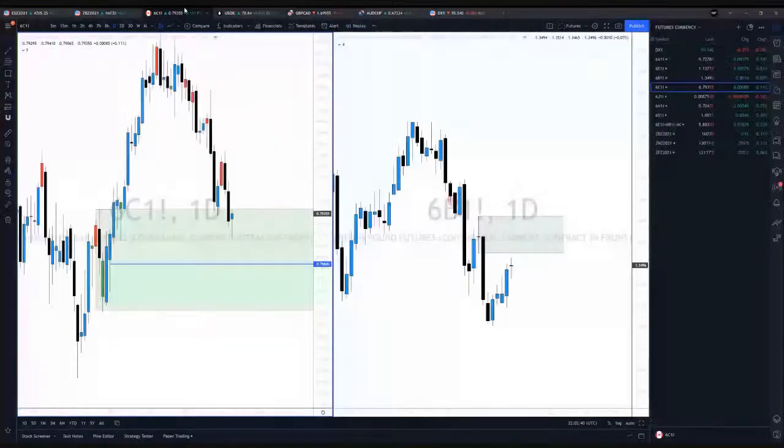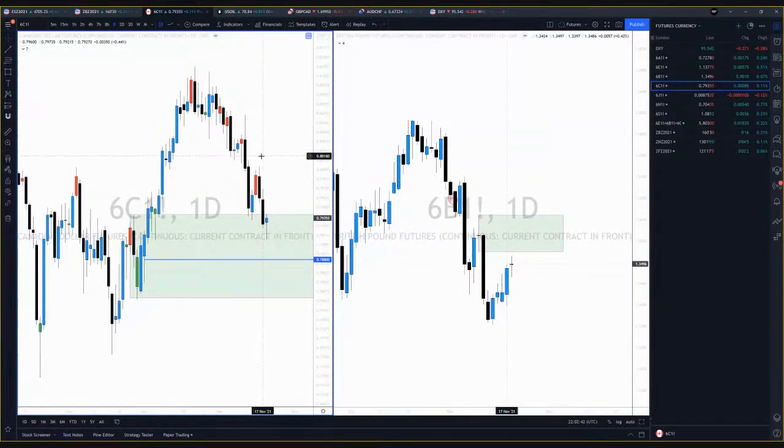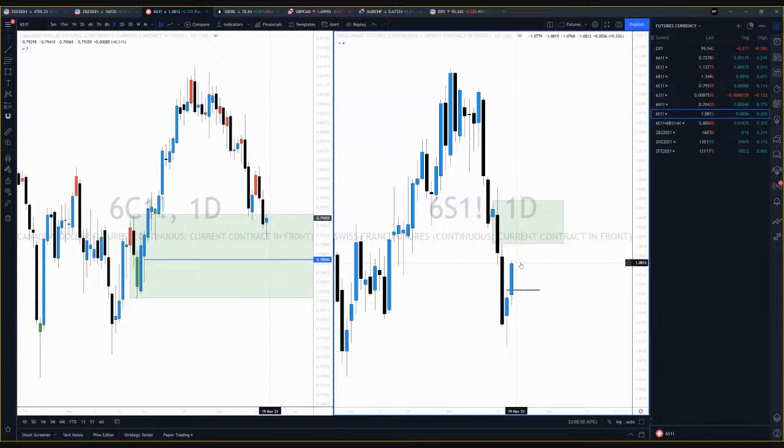All right, let's go back to this. Let's compare some pairs again. I think I like the Swiss. Swiss is confirming a swing low, so I like that one. Let's look at other pairs.